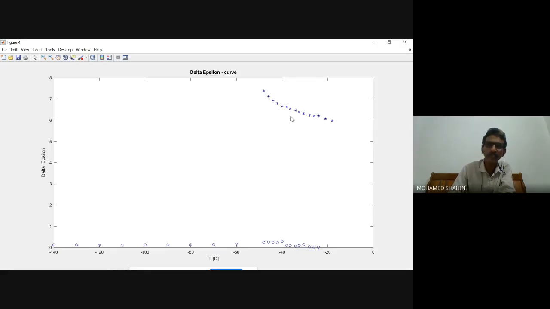If you plot delta epsilon against 1000 by T, you will see that it increases, meaning the temperature is decreasing along the x-axis. In that case, you can fit it to an approximate straight line.